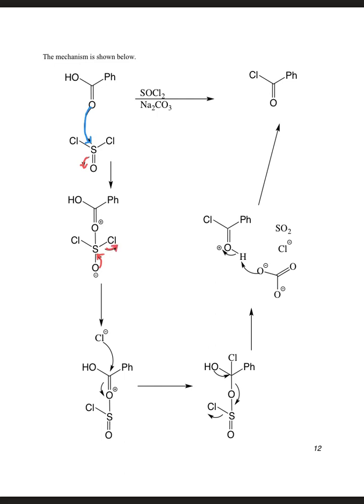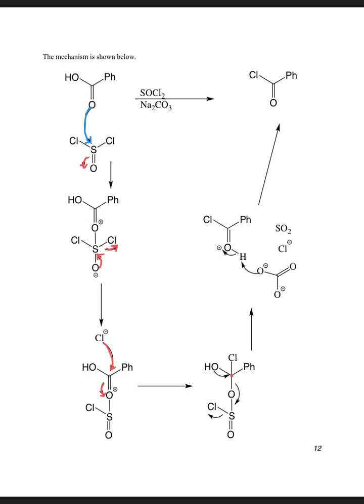Okay, so now we have the SO double bond. Now the Cl minus can come in, attack the carbon-oxygen double bond, send the double bond up to the oxygen to neutralize the positive charge. And now we have created a very good leaving group off of this carbon right here that was the carbon of the carboxylic acid.